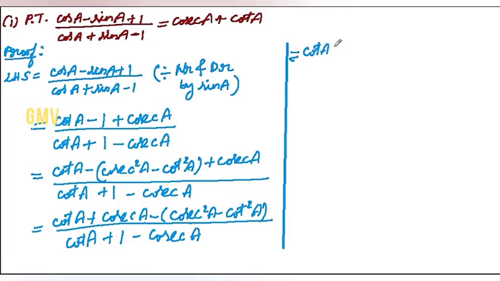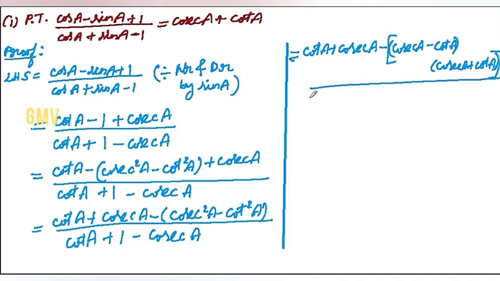Now use the formula A square minus B square, so minus of (cosecant A minus cot A) into (cosecant A plus cot A), whole divided by cot A plus 1 minus cosecant A.